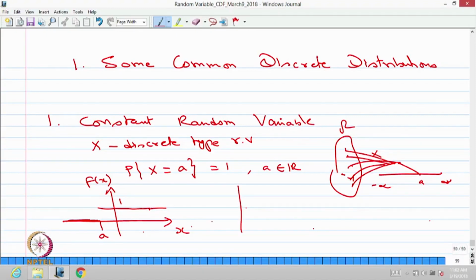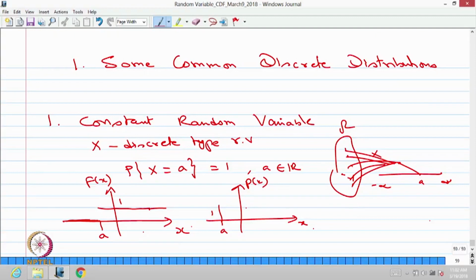And if you draw the probability mass function for this discrete type random variable, at x equal to A it has the value 1 and at all other points the mass is 0. That means the whole unit mass is accumulated at only one point.